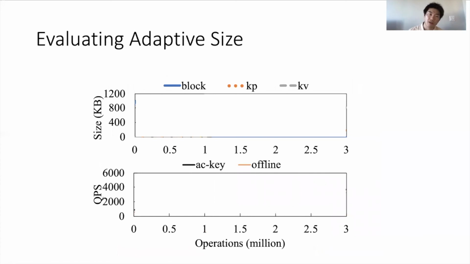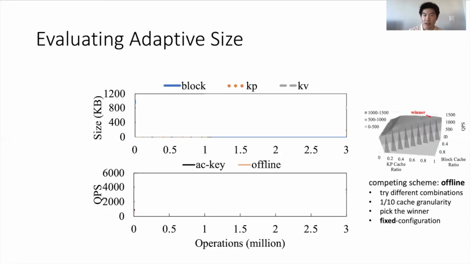The top figure shows the real-time size of the three different caching components. The bottom shows the performance in terms of QPS. For comparison purposes, we also plot the real-time performance of the offline scheme here.